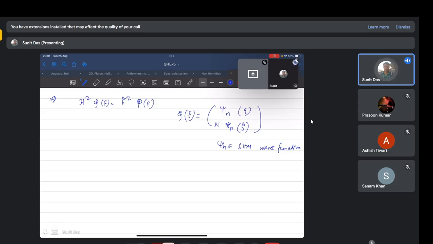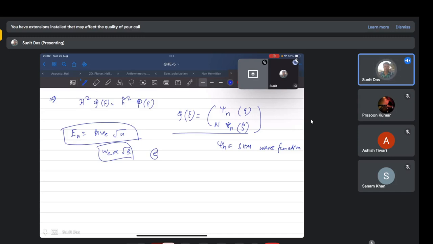So this type of wave function you need to take, and then you will solve the Hamiltonian and you will get the energy as h bar omega c root over n, where omega c will also be proportional to root over b, and there will be some other factors, like electronic charge and so on. So this is the Landau level energy for graphene.